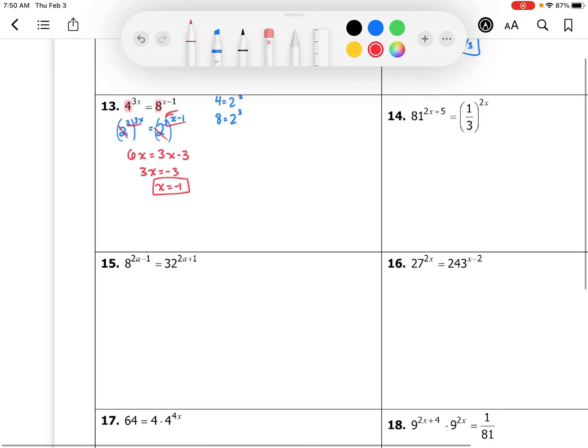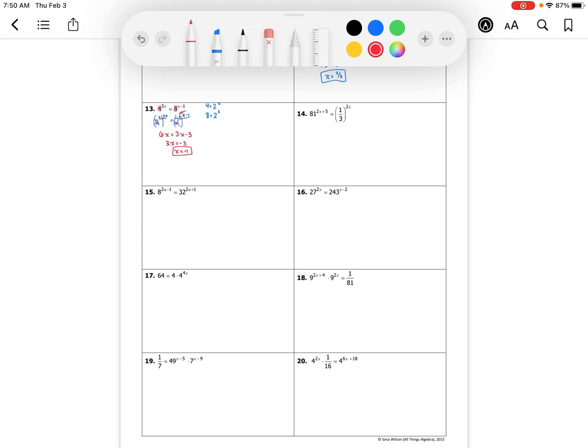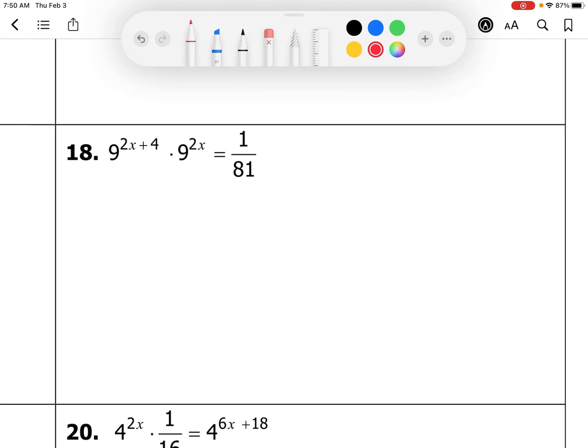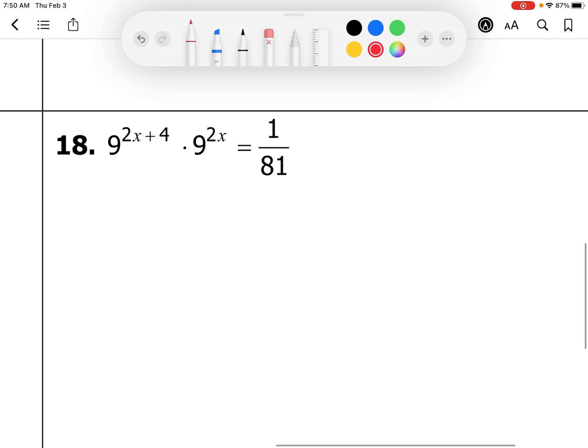Moving on. Let's try a little tougher one. Let's try 18, and then we'll call it a day. So again, our bases are not the same. I'm going to turn the 1 over 81 to look like a 9. It is 9 raised to the negative second power.